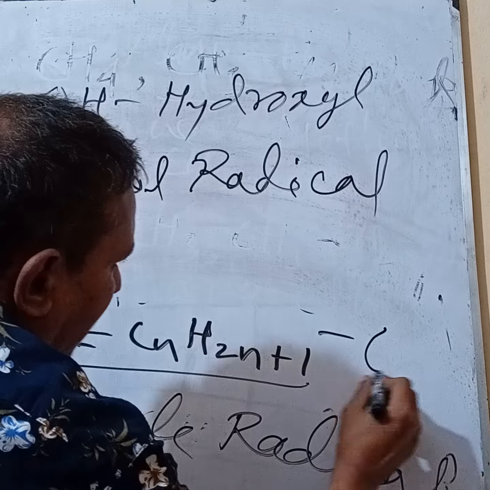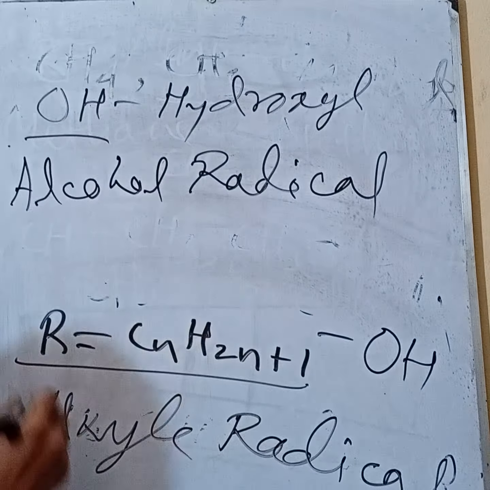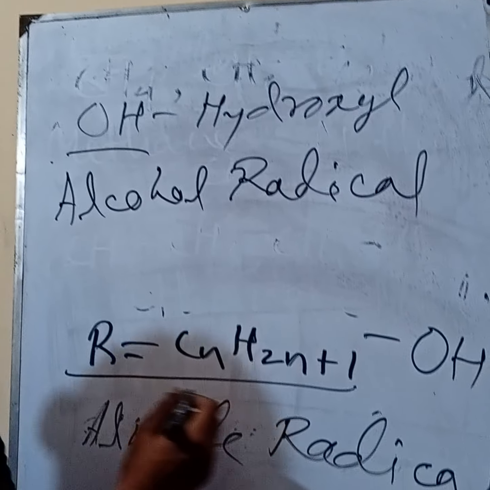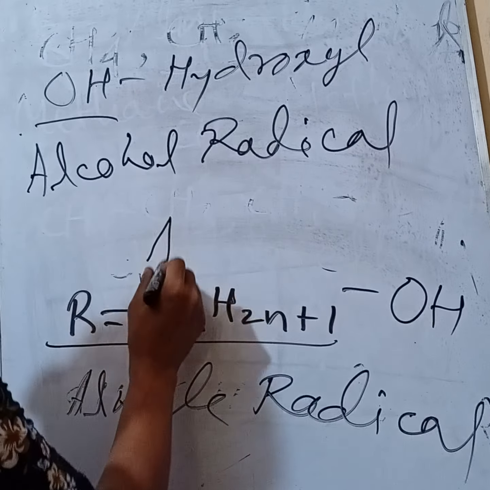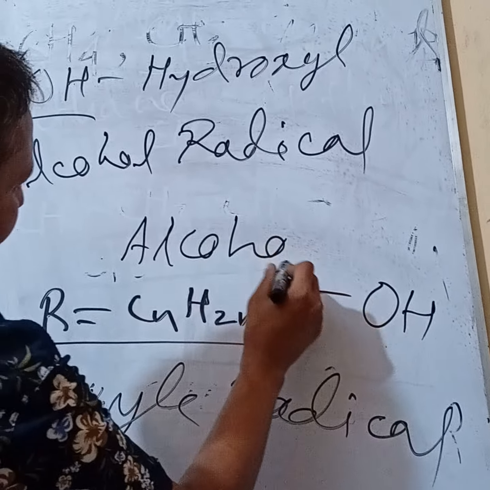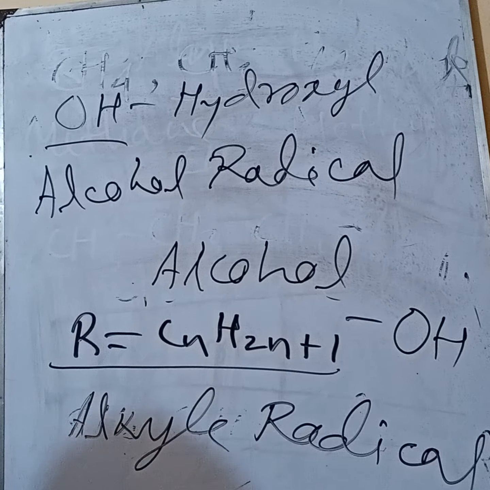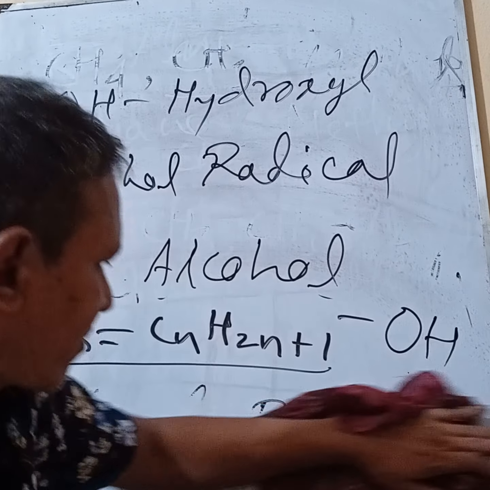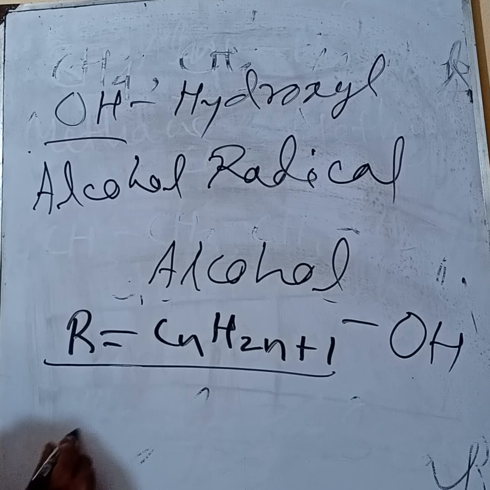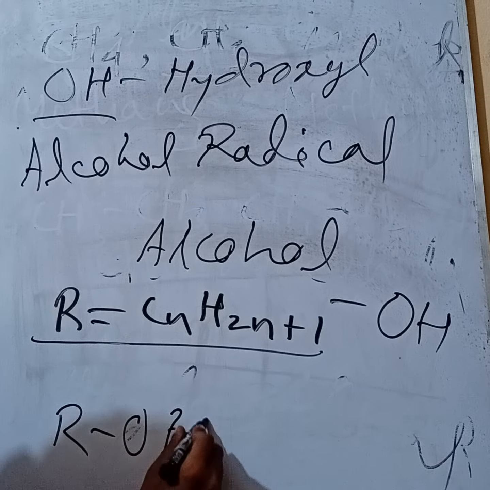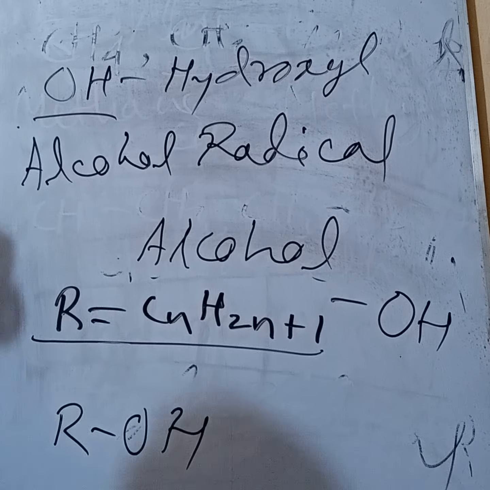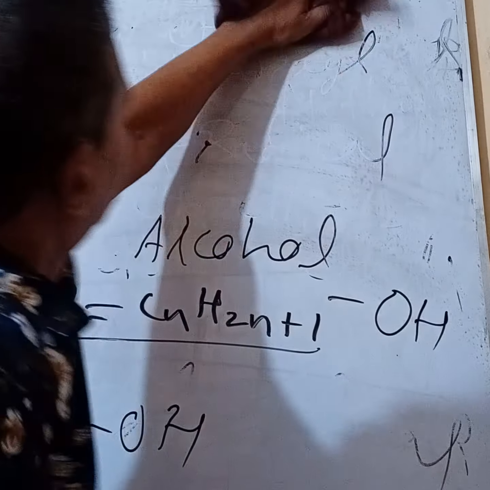So there you can write R, CnH2n+1 is an alcohol. Everyone knows that methyl alcohol is an alcohol. Actually, in the organic chemical system, we have to write ROH. General equation or general nomenclature.